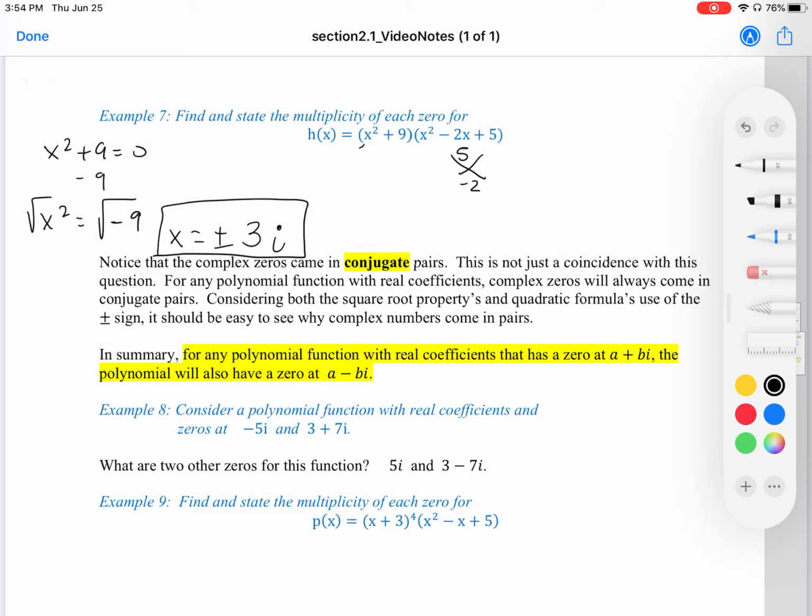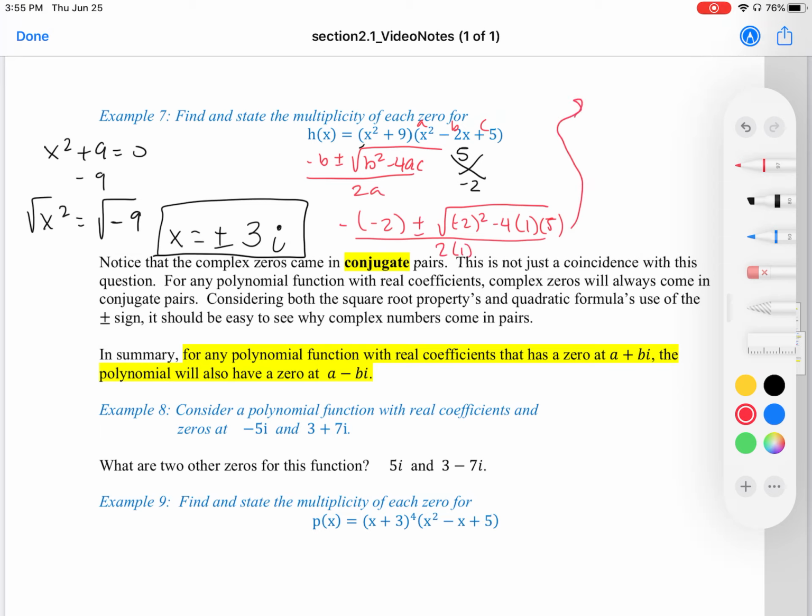Now for this one, I would have to do the quadratic formula. So I do negative b plus or minus the square root of b squared minus 4ac, all over 2a. All right, so I have a, b, c. My b will be negative 2, plus or minus the square root of b squared minus 4 times a times c, all over 2a.